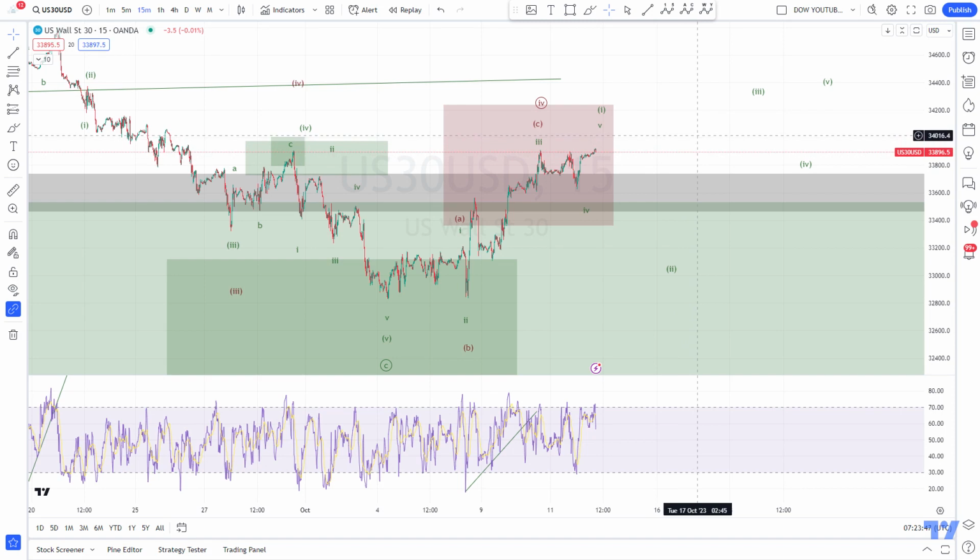But this is for a later stage. So first of all, let's look here at this structure, if it plays out like I forecasted, and then we will see what to do if we get a downward move here and then a reversal again from here.